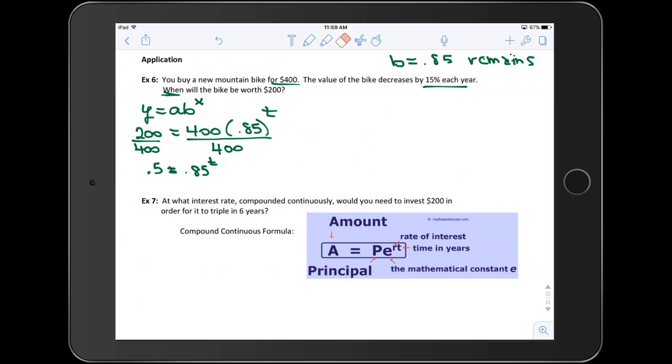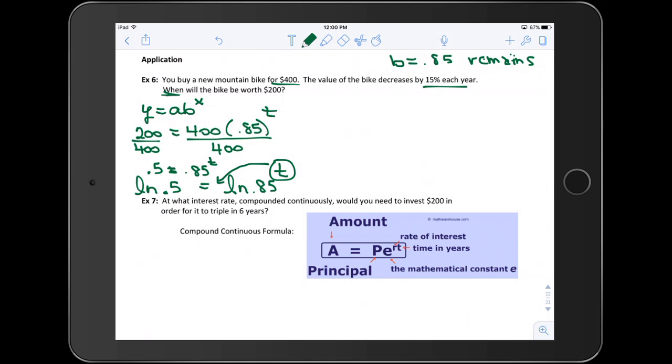In my notes I actually use natural log. So I'm going to take the natural log of both sides of this equation, just like we did earlier, and note that we can take that t down. Once we take the natural log of both sides, we can bring this t down and solve from there.